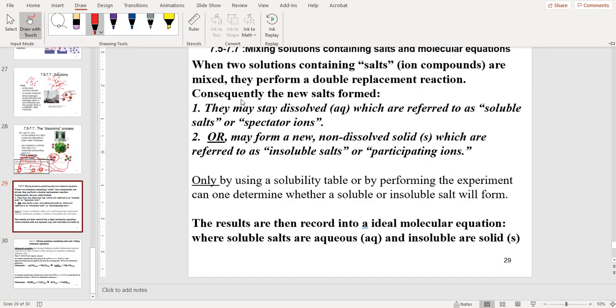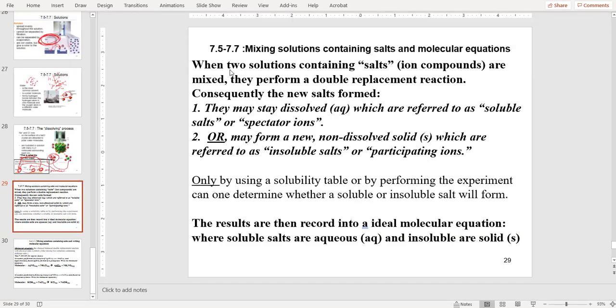So after those two videos, then this statement should make sense, where if we have two solutions, like for example, one solution in each beaker containing the salts, such as the lead nitrate and potassium iodide, and then we mix them together, they will perform a double replacement reaction.